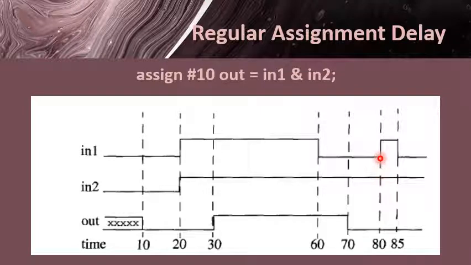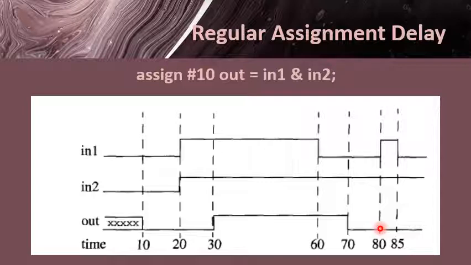Next at 80, there is a change on in1. That is, it goes to 1. So actually 1 and 1 should be 1, but this evaluation will be done only after a delay of 10 time units.